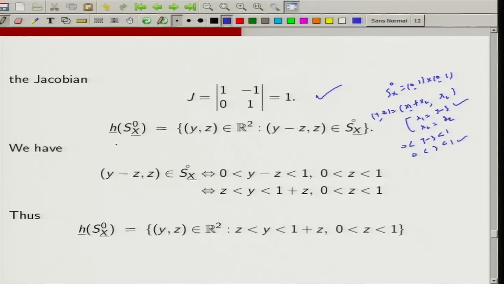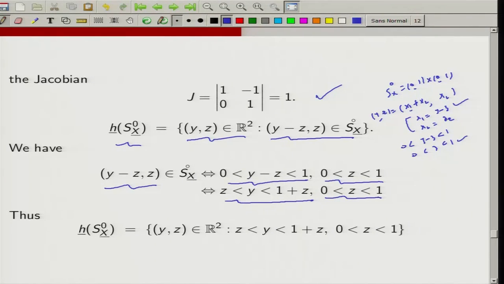So, h(S_X0) turns out to be the collection of all those (Y, Z) belonging to R2 such that Y minus Z belongs to (0,1) and Z is between 0 and 1, which is equivalent to saying that Y is between Z and Z plus 1 and Z is between 0 and 1.